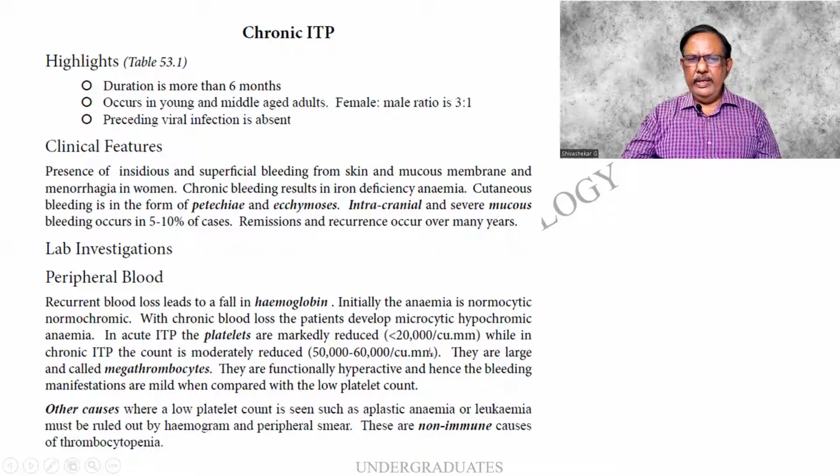Platelet count is being reduced. So when it is severe, it is less than 20,000, moderate around 50,000, and when it is mild, it is more than a lakh. So usually you have moderate or severe thrombocytopenia. And the other causes should be given as a differential diagnosis.